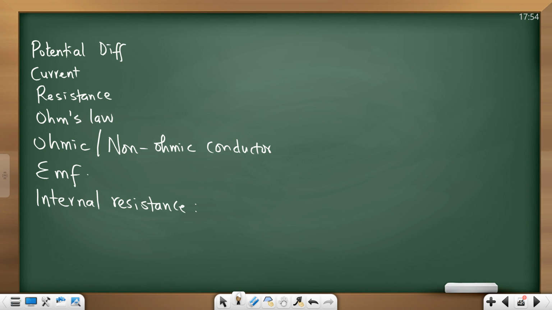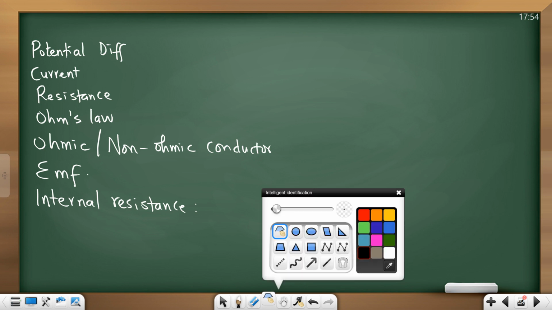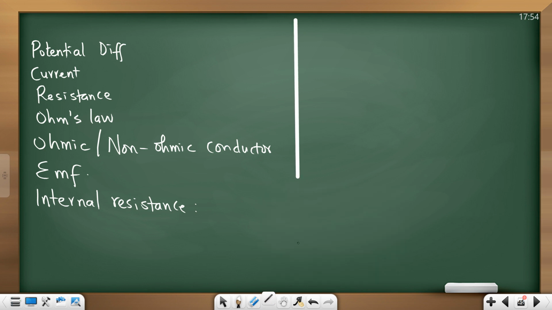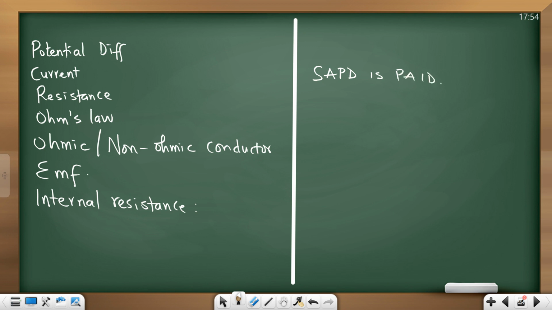So please take note of that. You should also be able to do your calculations. We use SAPD, is paid. I hope you remember what it means. Series are potential dividers. Parallel are current dividers. You get that right, all your definitions, all your calculations are in place.